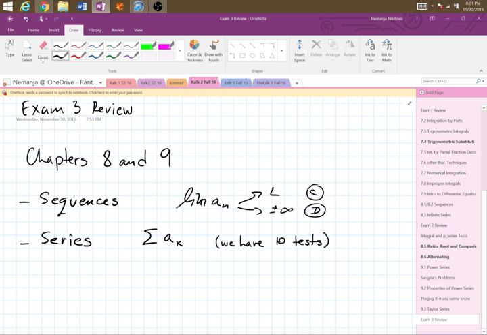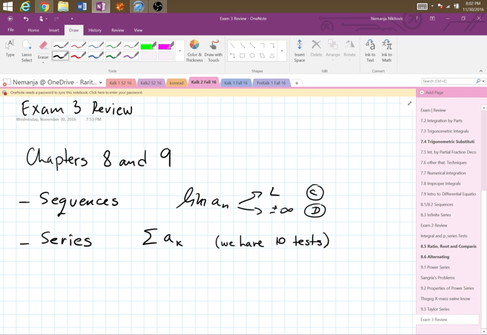Now, these 10 tests are listed in the textbook, the chart you have. And one of those tests is named the Divergence Test, or also nth-term test, depending on which textbook you're reading. And that's the one that should be tried first on every series you're trying to test.